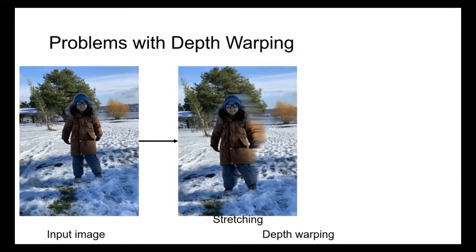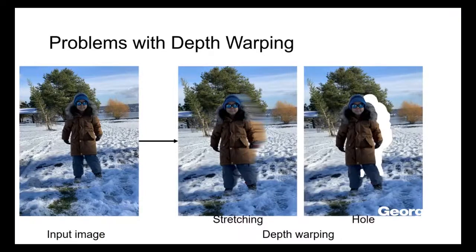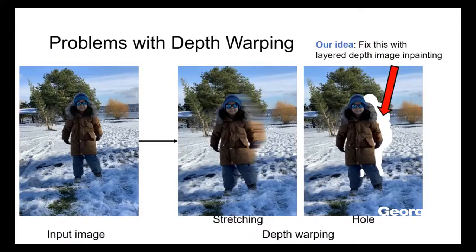This is a problem because you see these strong artifacts. So how do we fix this? We can say, let's just discard all these meshes, and you end up with something that has holes. You have some missing regions where you don't know what the pixel values are. So the idea is very simple: because we have this problem, let's fix it with a layer depth inpainting algorithm.